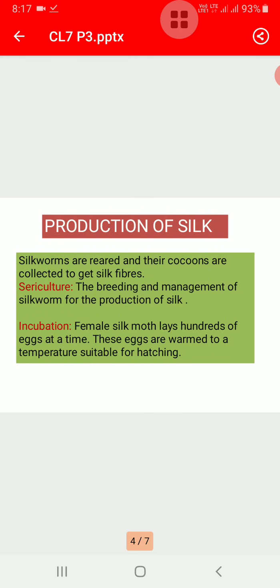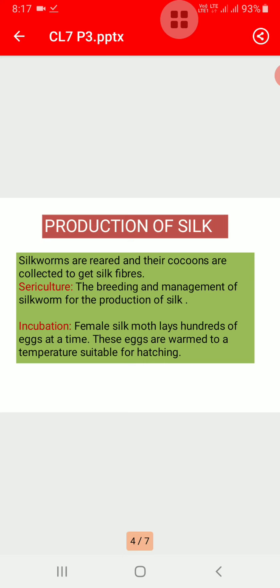Next, there are a few steps in the production of silk. First of all, the breeding and management of silkworms for the production of silk is known as sericulture. Different types of silk with different textures are obtained from different varieties of silk moth, like tassar silk, muga silk and koza silk.